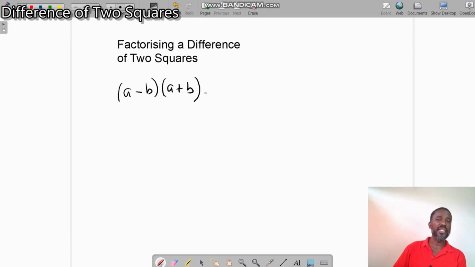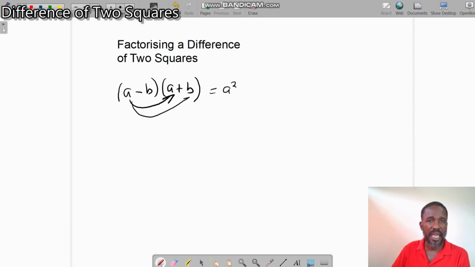So if we were to expand these two binomial expressions, then elements of the first bracket will be used to multiply elements of the second bracket. So we'd have a times a, that would give us a squared. Then we have a times b would give us ab.